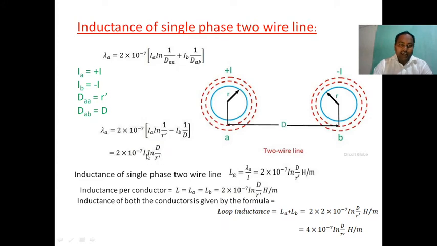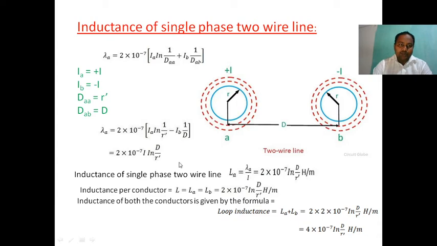So why do we get I? The currents carried by both conductors are the same, one positive, another negative. So we get the flux linkage of conductor A as 2 into 10 power minus 7 I log D by R dash.